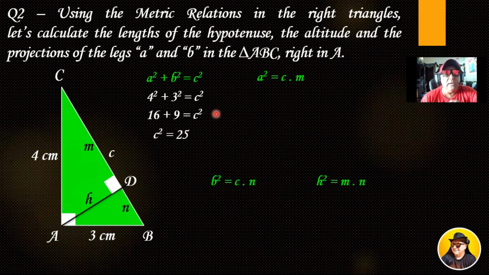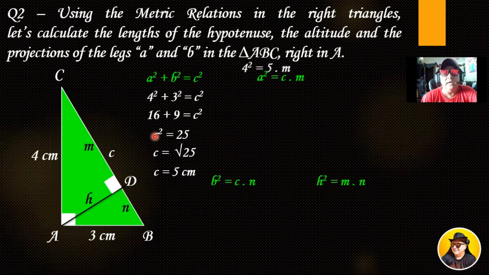Okay, and now see what I did. I summed 16 and 9, that is 25, and I rotated the equation because I want C here on the left of my equation. Now let's take the square root. So C is the square root of 25, that everybody knows it is 5. So C is 5 centimeters, okay?